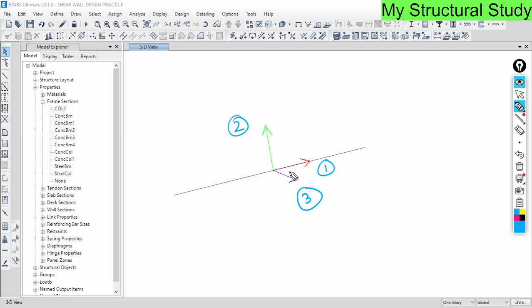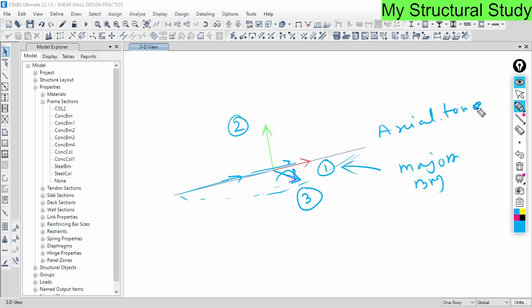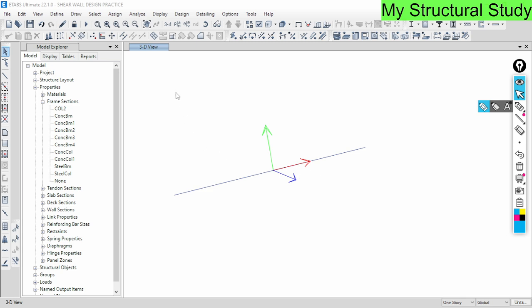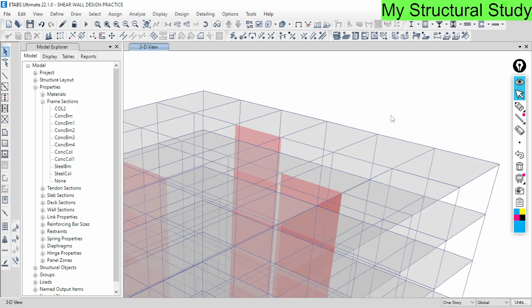So the bending moment about this axis, that is the major bending moment, and the forces along the 1 axis is the axial forces, and the forces along the 2 axis is the shear forces, major shear force, major shear. Same way for column also.